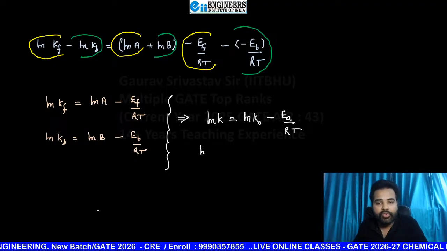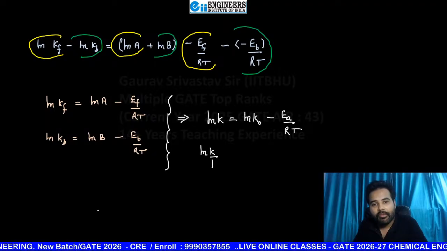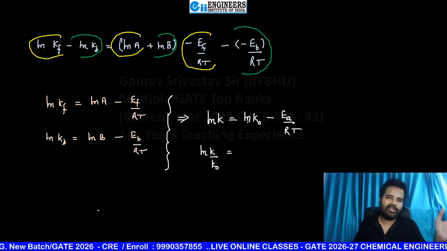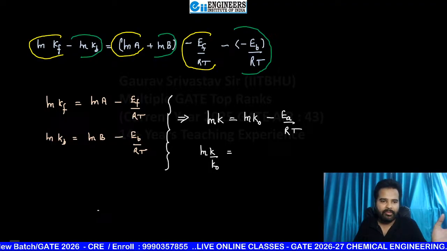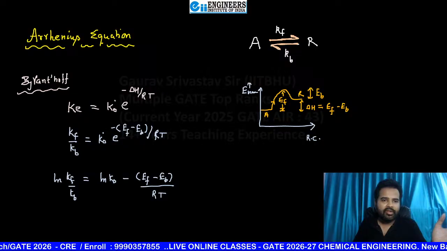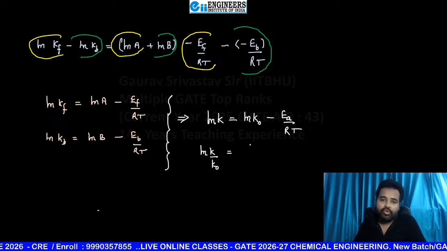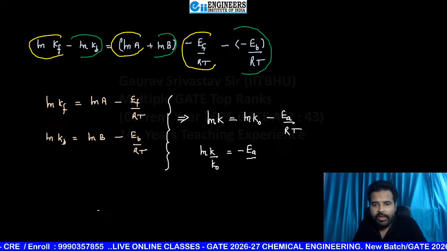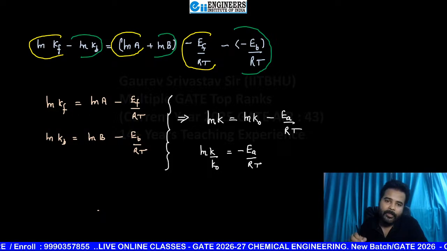Further, if you want, you can write ln of k by k naught equals to, don't worry, this k naught is not the same, both are different. This time again I'm using k naught, so if you are confused then use k naught dash here. So ln of k by k naught equals Ea by RT.